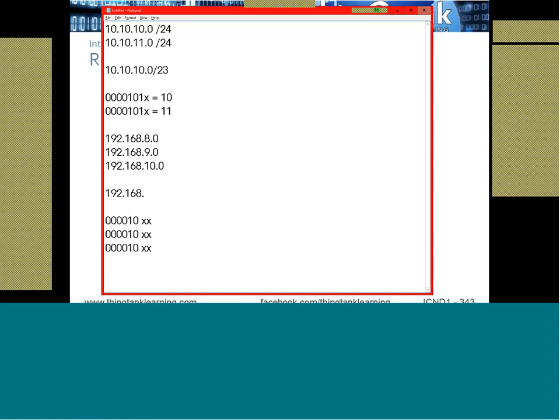Which means, and by the way, what's the least common denominator? When I say the least common denominator, you set the wildcard bits to 0. The value of that octet is the beginning of your summary range. In this case, it's 8. And what is my subnet mask?